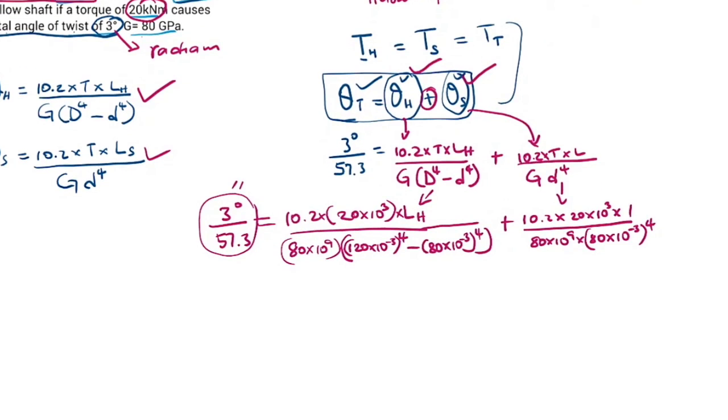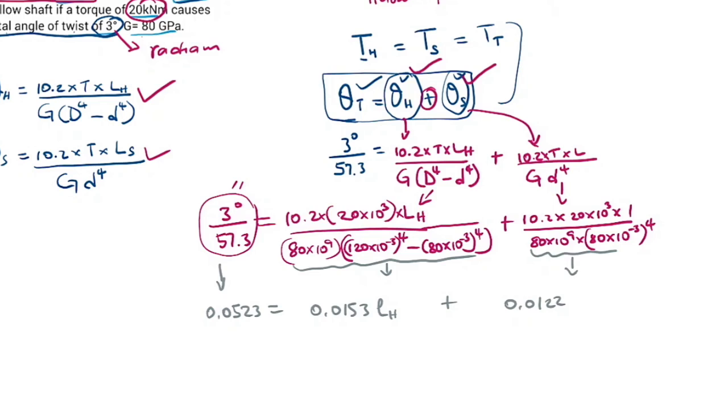Now let us move down here. What are we going to get? We're going to get 0.0523 equal to this part. What are we going to get here? We're going to get 0.0153 times the length for the hollow shaft. Then plus this side, we get 0.01229. That's what we get here.